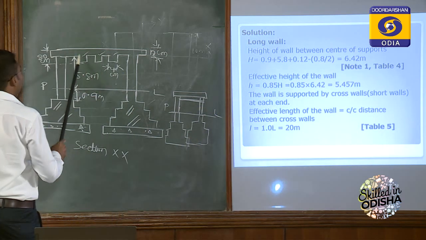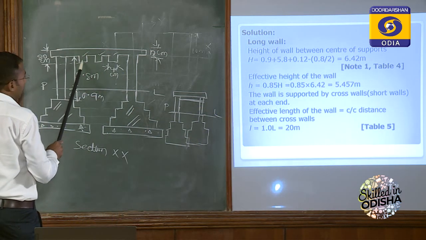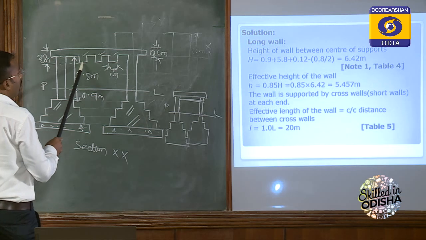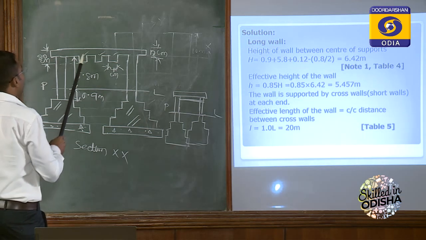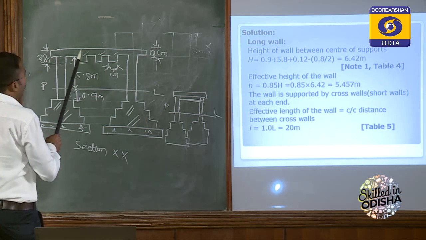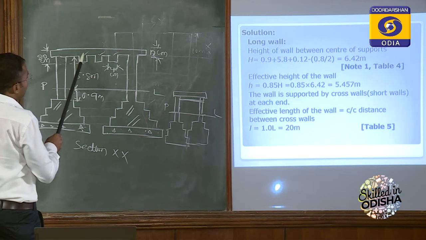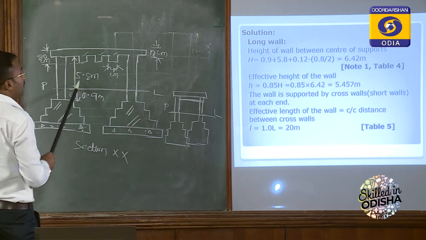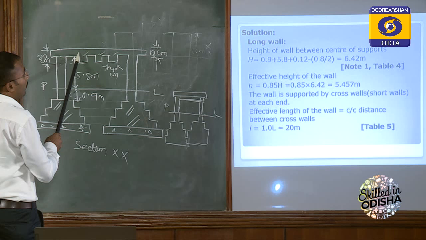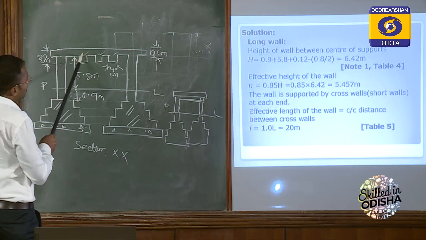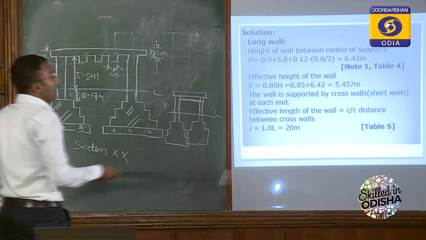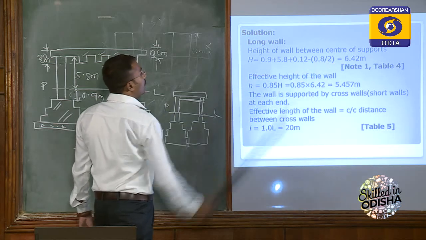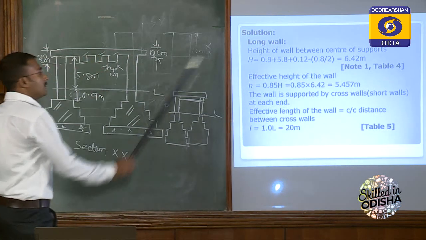That means this is 80 centimeter, and the code suggests that we have to take the distance from the middle of this T-beam, as it is monolithic. So 0.9 plus 5.8 plus 0.12, and we deduct 0.8 by 2, and the result is coming 6.42 meter. So this is the height.